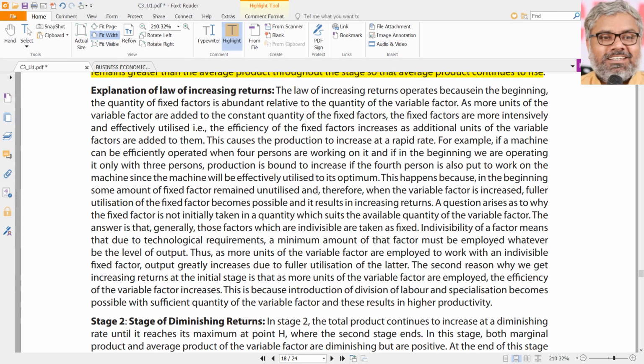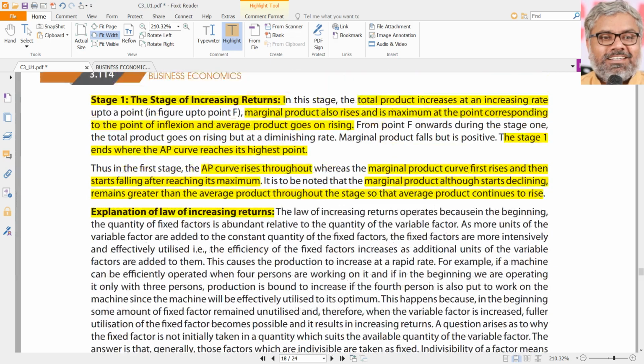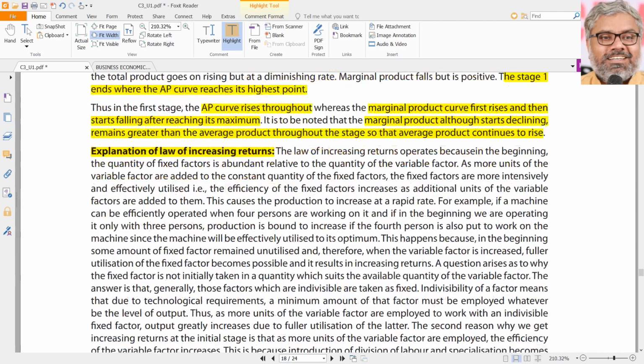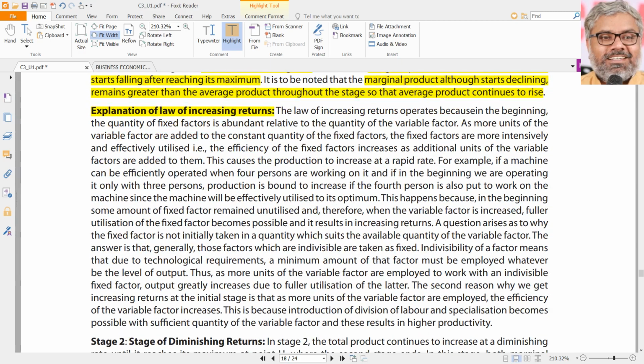So why does this happen? Why does the law of increasing returns operate? Basically, this is only at the beginning stage of any organization, when you are starting with a few units of input. As you keep on increasing them, they will add better productivity in the initial stages.